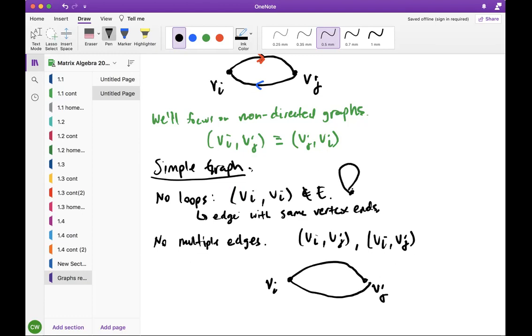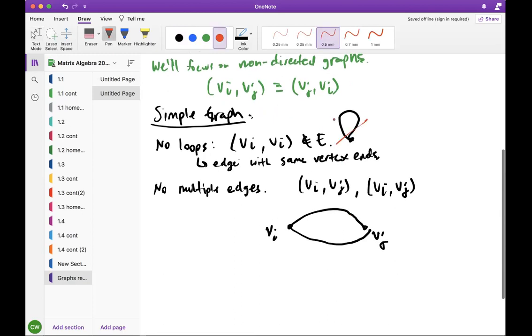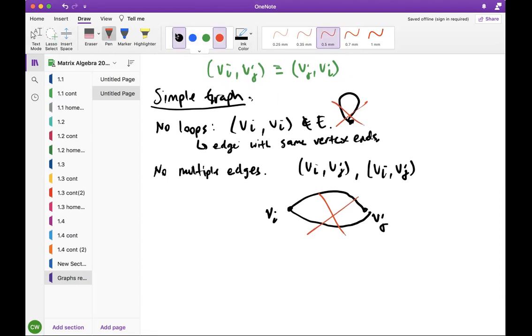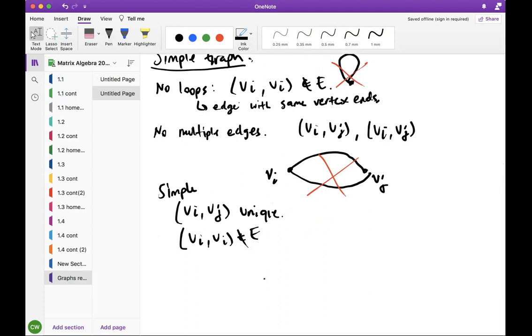So for a simple graph, we want no loops and no multiple edges. For simple, VI, VJ is unique, and VI, VI is just not going to be in the edge set. Okay, so that's a simple graph, and this is what we'll be focusing on.